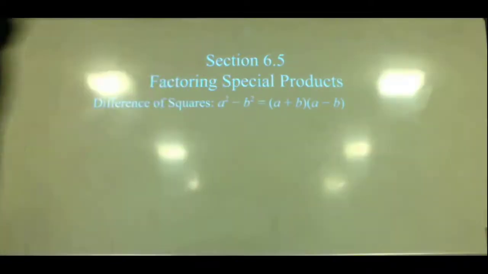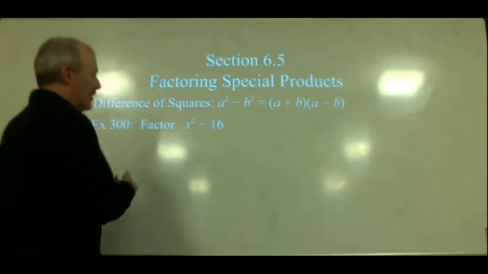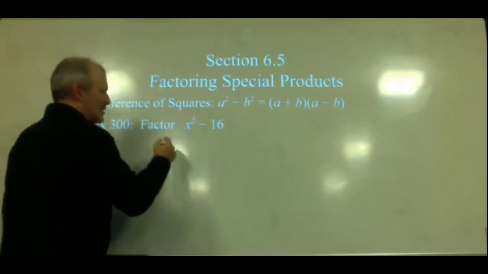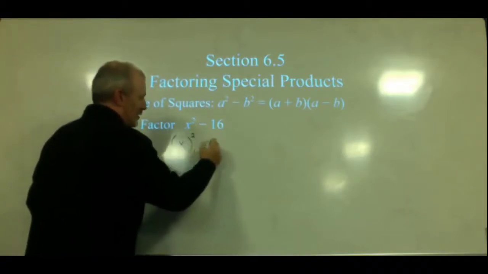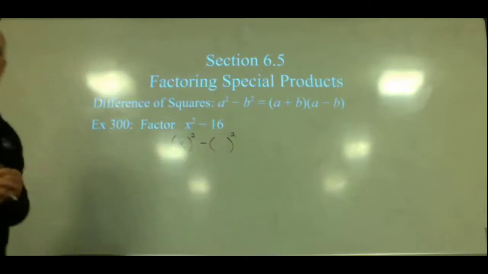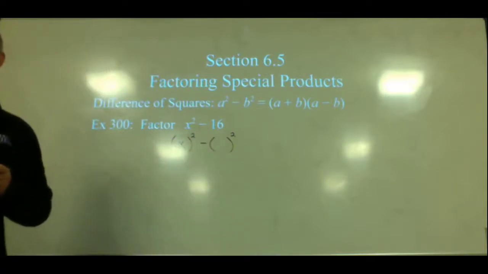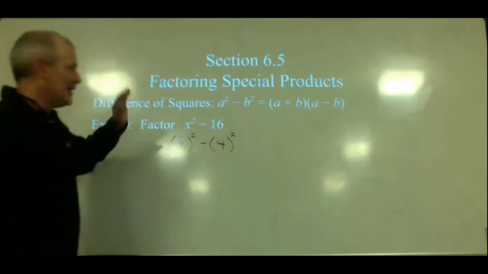Okay, so here is the one that we're going to factor, and here is how I would suggest doing it. This one's pretty clear that it's x squared. But what is this one? What squared is 16? 4. 4 squared is 16. So then we can see it's following this pattern.